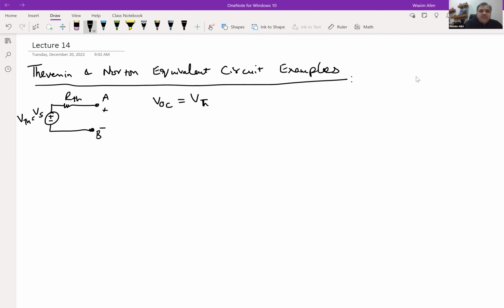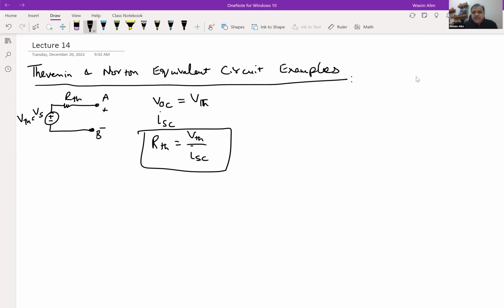Similarly, we will find the I short circuit, and that I short circuit and the V Thevenin can help you find the R Thevenin. Okay, but that's not a unique way of finding the Thevenin resistance, and we mentioned that there are other techniques.